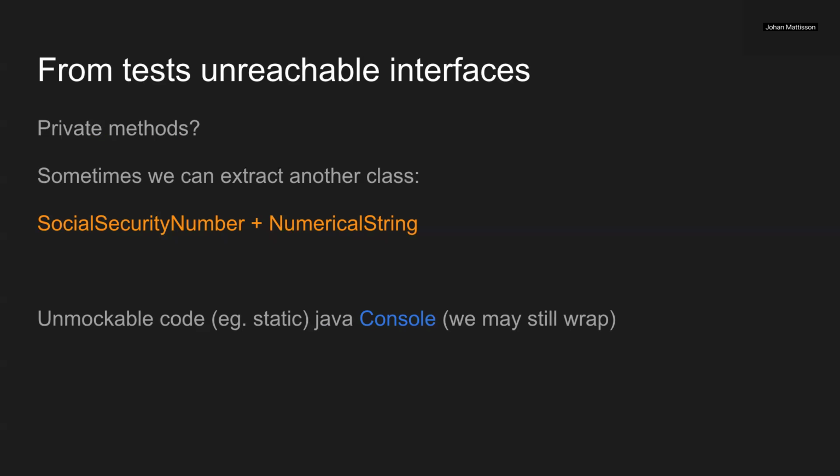If you have a lot of private functions in this social security number class, you might want to extract out a helper class that you can dependency inject into the other class, because then you can test the public interface of that instead, which is way easier to do.